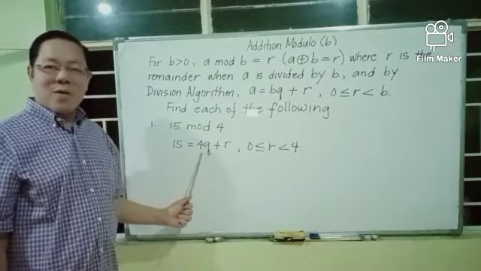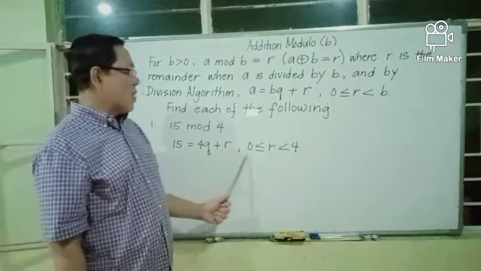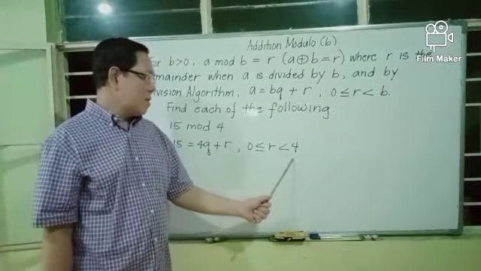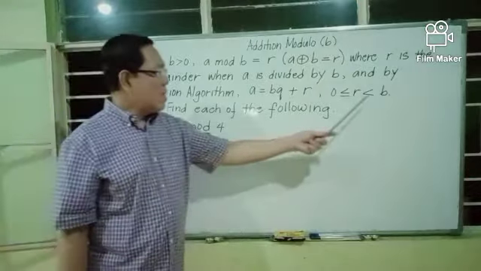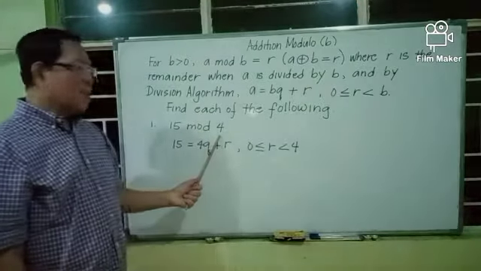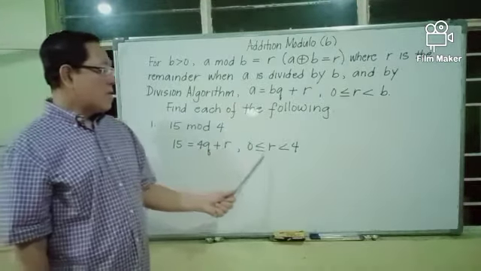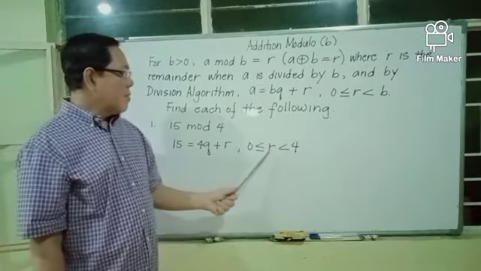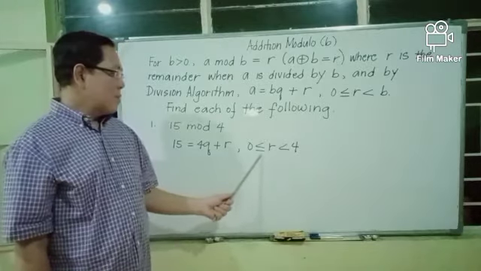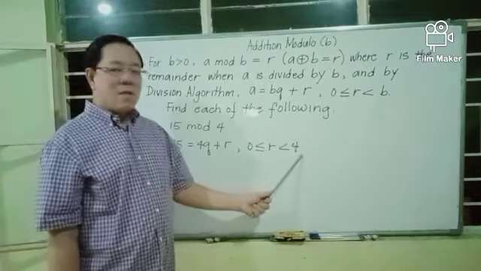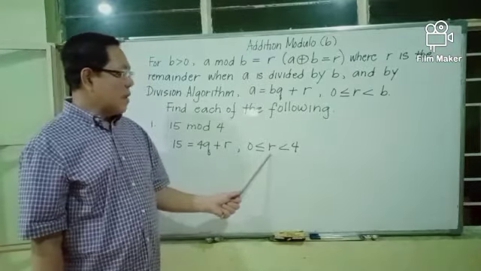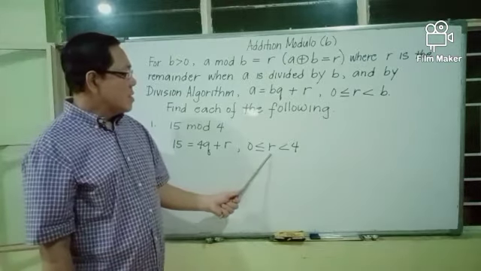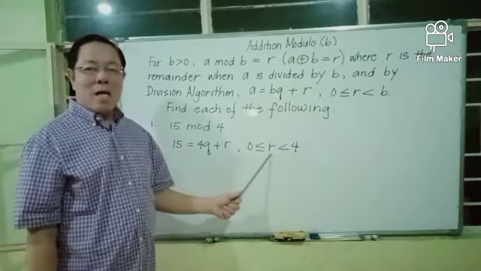But by the division algorithm, this equation must be satisfied as well as this inequality. And b here in our example is 4. So the remainder should be less than 4 but greater than or equal to 0. And from this inequality, the possible values of the remainder are 3, 2, 1, and 0.